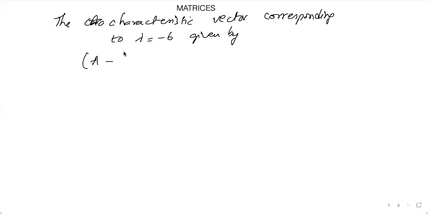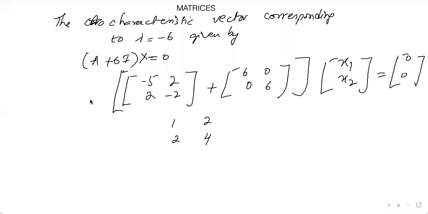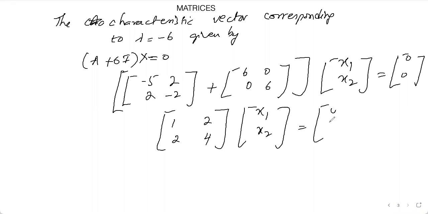So this would be, and this is equal to x1, x2, right? Which is equal to 0, 0, right? Okay, so you get two equations again. So x1 plus 2x2, right? And 2x1 plus 4x2, right?